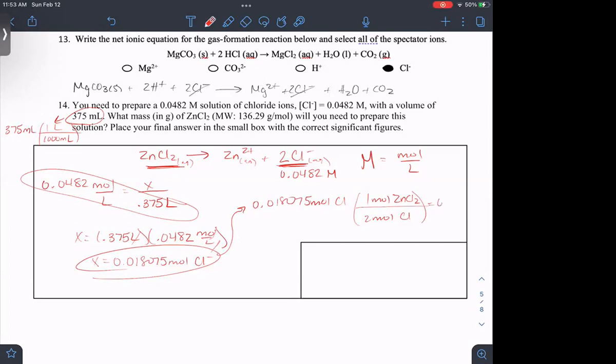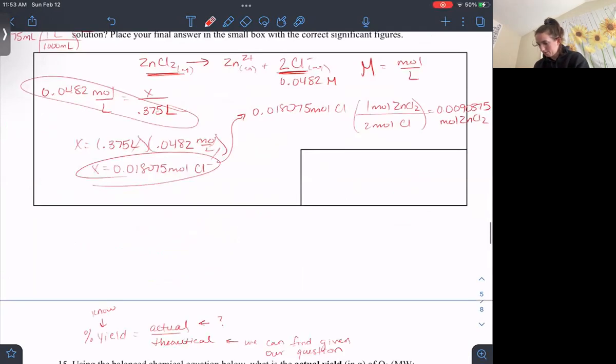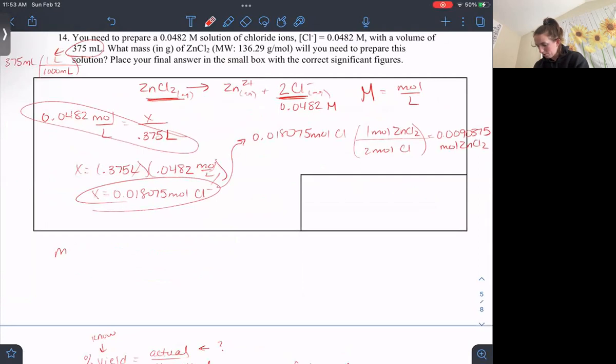0.009035. Awesome. Okay, and this is going to be moles of ZnCl2. So now we can use our moles of ZnCl2. I'm just going to move this over here because I ran out of space. So I have moles of ZnCl2 is 0.0090375.